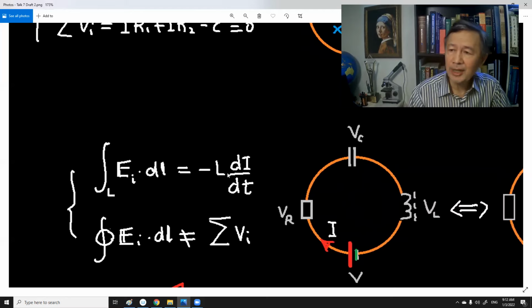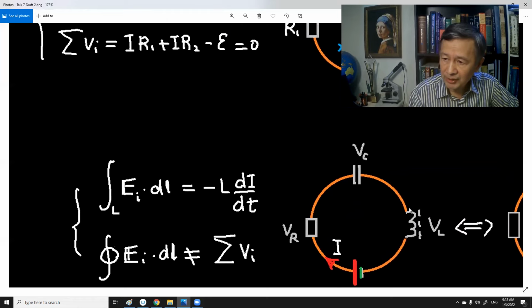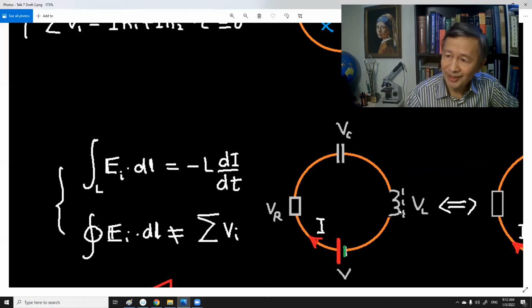So you can consider that there is a certain amount of locally changing magnetic field inside or near the inductor.